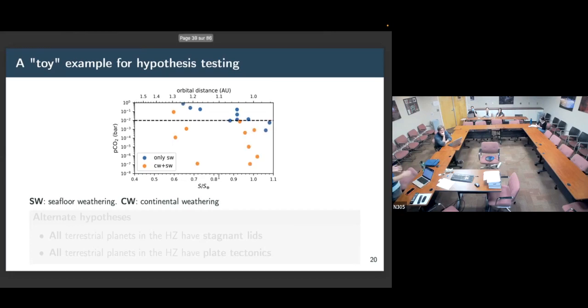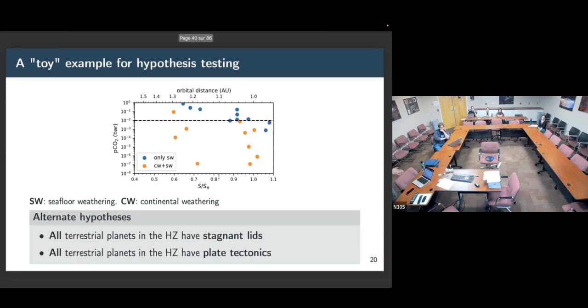But if we have more data points, and if our detection threshold is at the right place, then we can see appear some qualitatively significant differences between the distribution of only seafloor weathering planets, that typically remain at high CO2 values, even at higher insolation, which is not the case for the continental weathering and seafloor weathering planets.